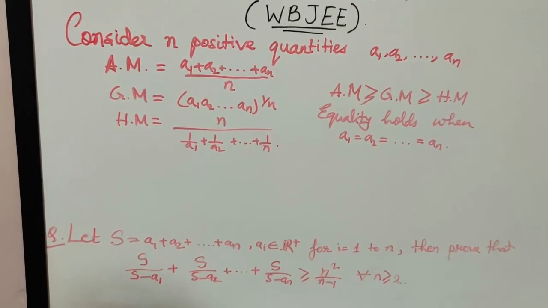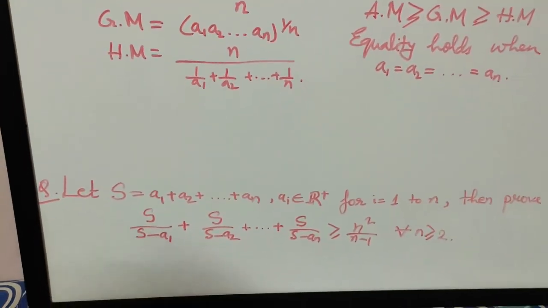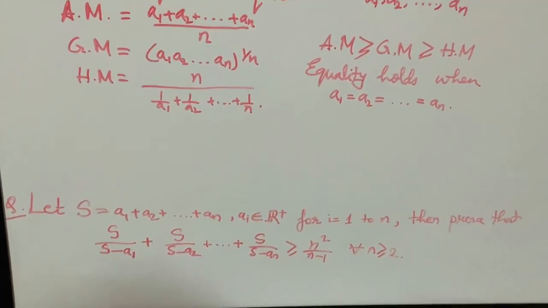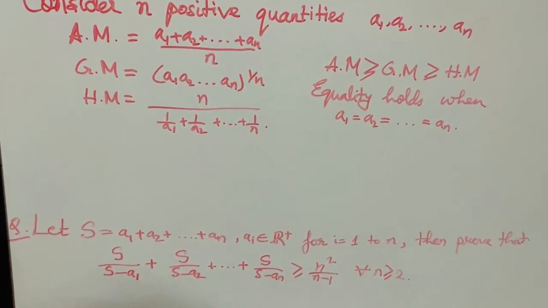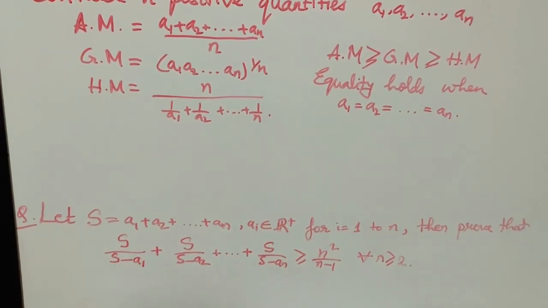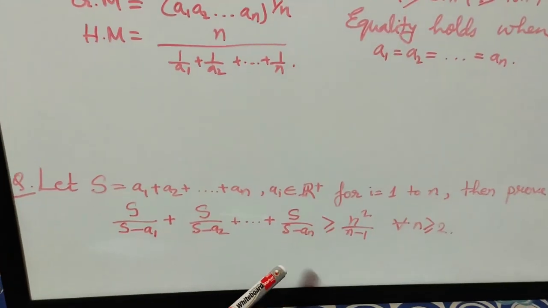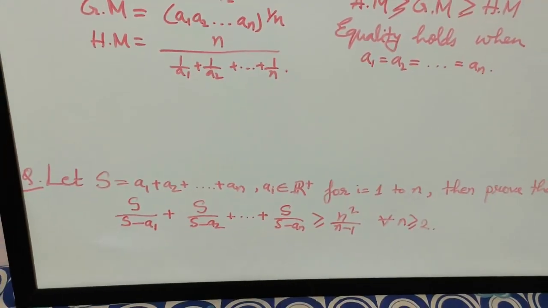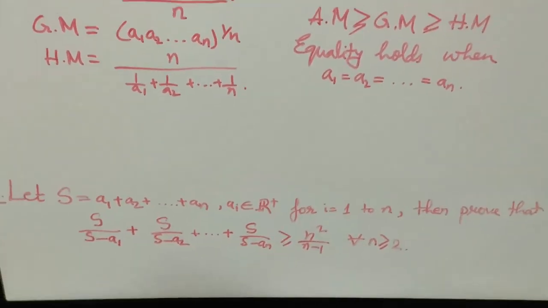So let S equal a1 plus a2 plus dot dot dot up to an, where all the ai's are positive real numbers for i equal to 1 to n. So we need to prove that S by S minus a1 plus S by S minus a2 up to S by S minus an is greater than or equal to n square by n minus 1 for all n greater than or equal to 2.